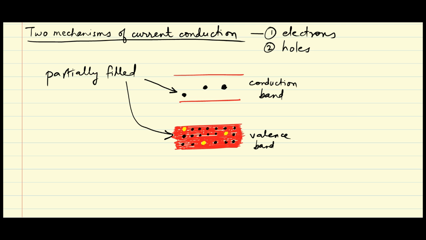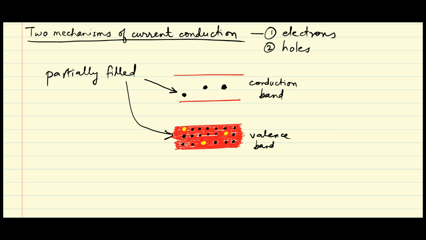This is because the valence band electrons now have some empty energy states to jump up to after gaining energy from any applied electric field, and hence these electrons can also contribute towards the electrical current.